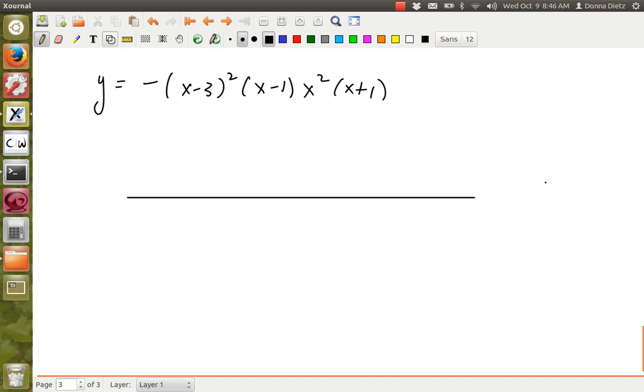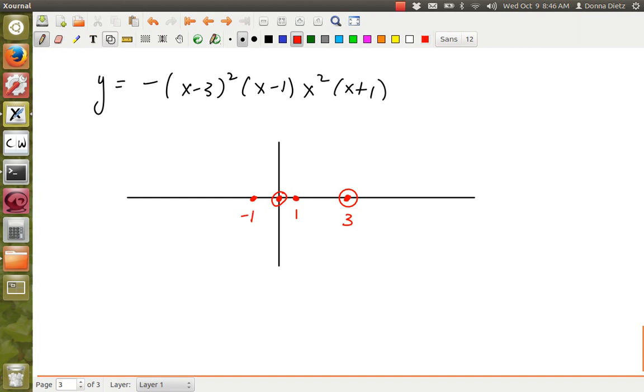Watch. Axis, if you want it. At x equals 3, right about here, I'm going to have a double root. At x equals 1, a single root. At the origin, a double root. And at x equals negative 1, a single root.